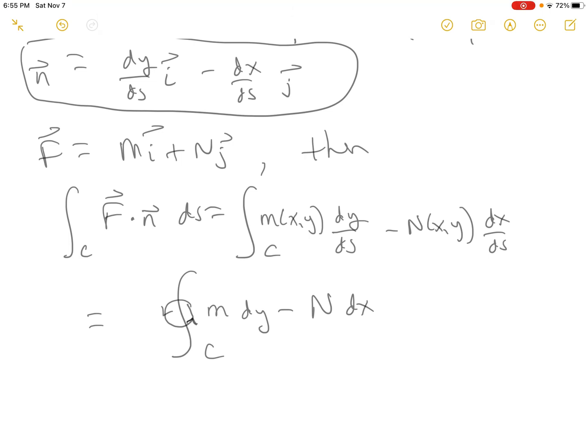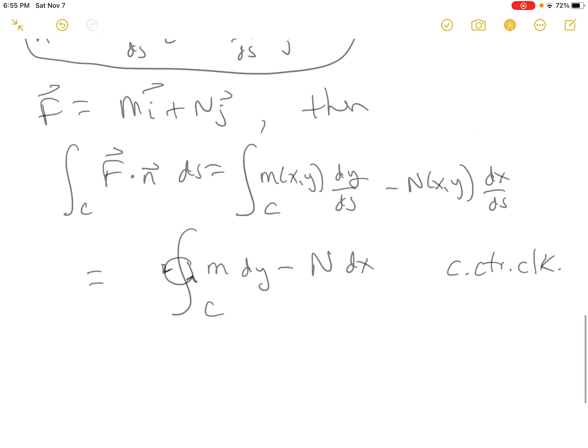And yes, if you're going clockwise, I think it would be N dx minus M dy, and you'd have the arrows going the other way. So this is counterclockwise rotation.